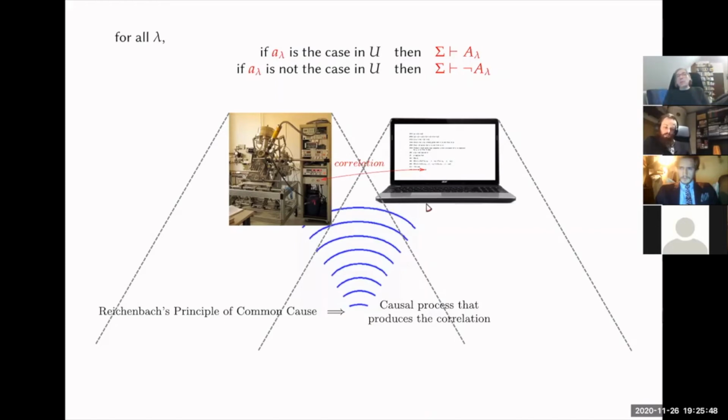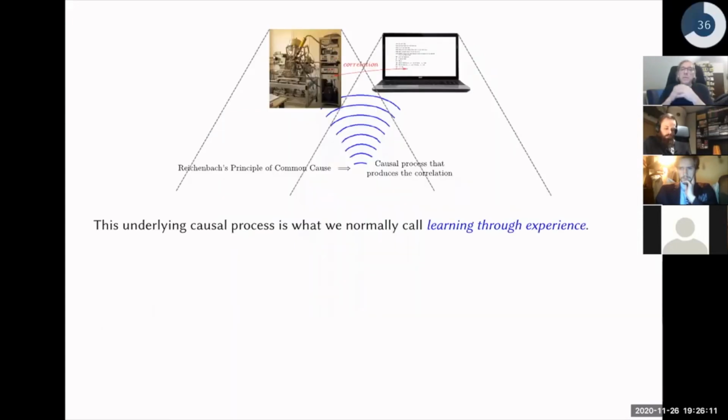But this correlation was caused by or produced by a theory creation process, so to say, a causal process, which is nothing but learning from experience. Now, what does it mean?